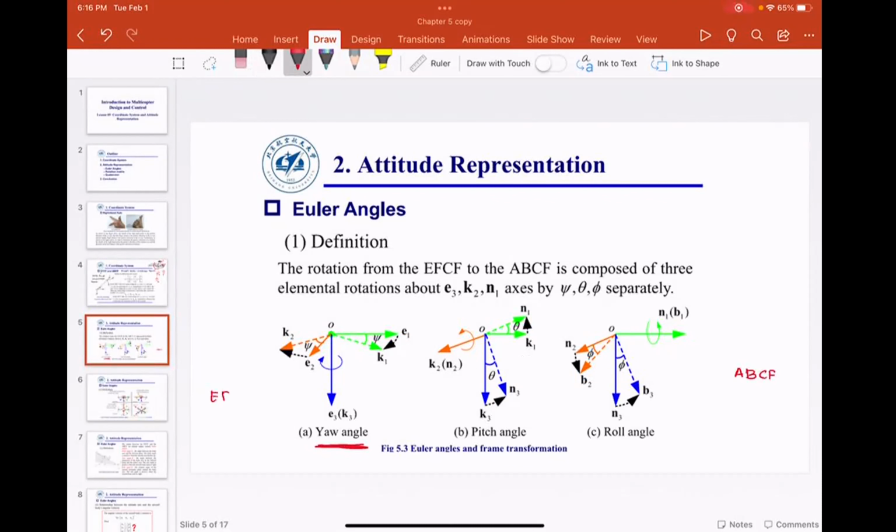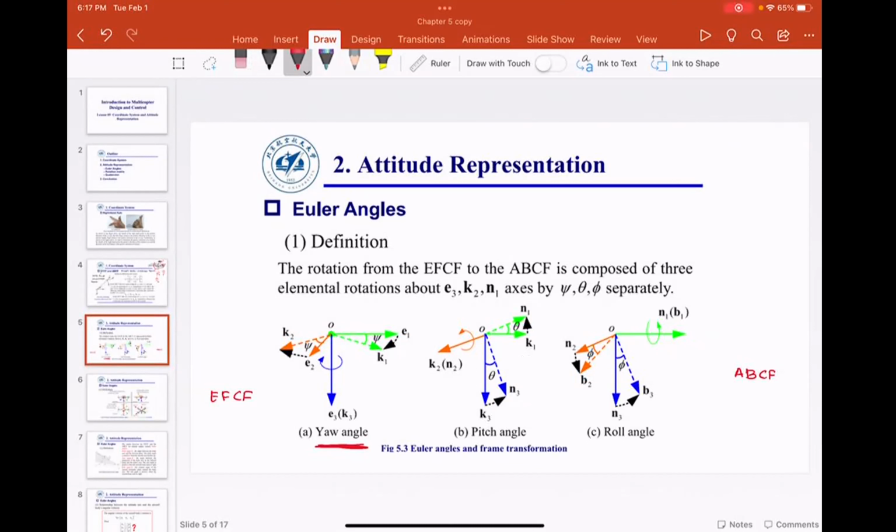This transformation is achieved by means of three successive rotations. What are these rotations? The first rotation is the rotation about yaw. Then you have the rotation about the pitch, and then you have the rotation about the roll.